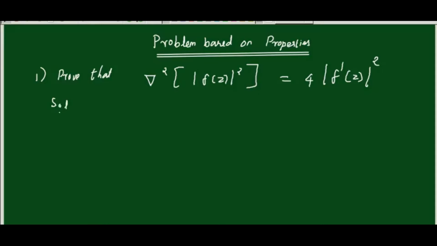So, solution. Yesterday we saw one lemma, right? Using that lemma only we are going to prove all the problems. I'll write the same lemma again. What does that lemma say? 4 times dou square by dou z dou z bar is equal to dou square by dou x square plus dou square by dou y square. So using this lemma only we are going to prove this problem.